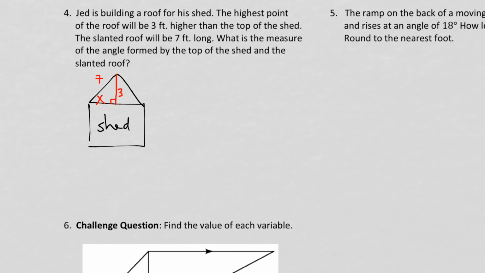So if I just focus in on this little right triangle here with a side of 3, a side of 7, and this missing angle x, and I redraw the triangle by itself for clarity, where I have this angle x, side of 7, and a side of 3, then I can use my trig ratios to find this missing angle.